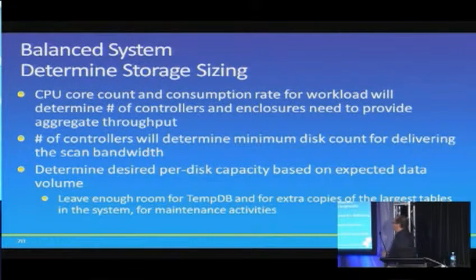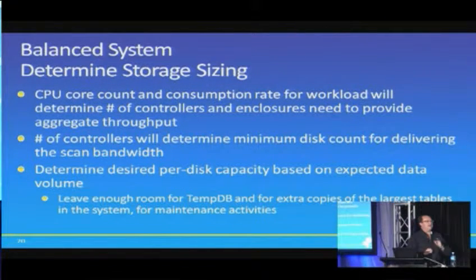So the CPU core count and the consumption rate of the workload. Again, remember, I have 4 cores and 200 megabytes per second. So that gives me about 800 megabytes per second per socket system. The core count and the consumption rate will determine the number of controllers and the enclosures that I need to provide the aggregate throughput.